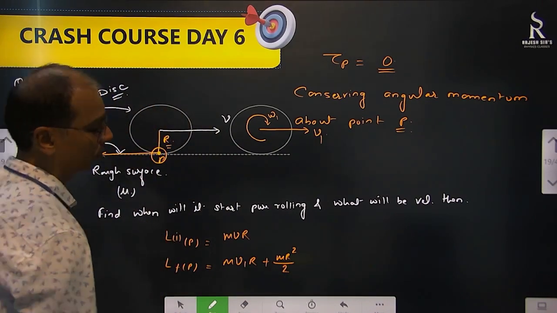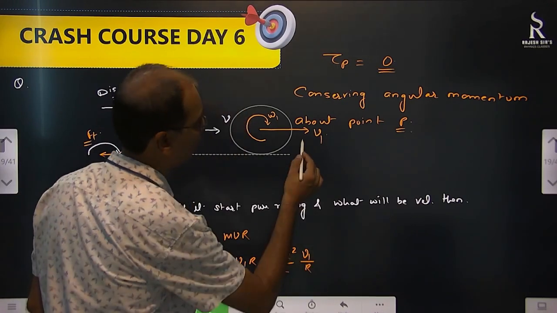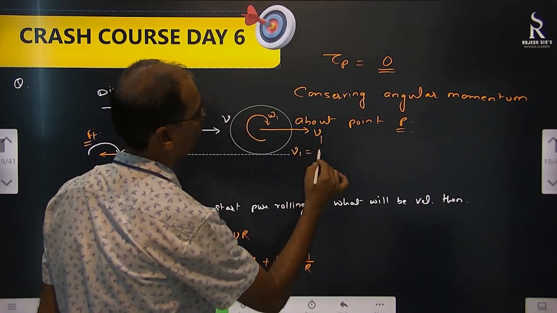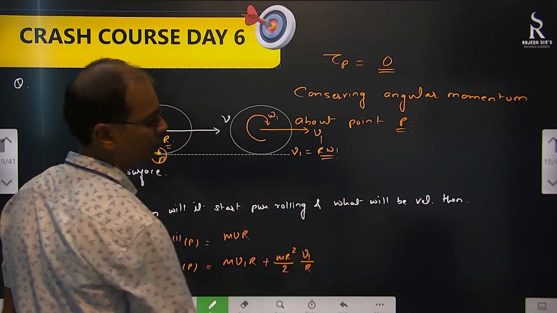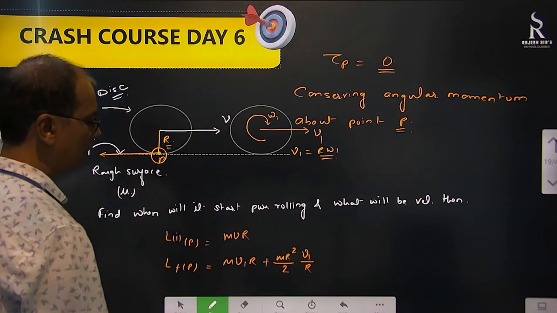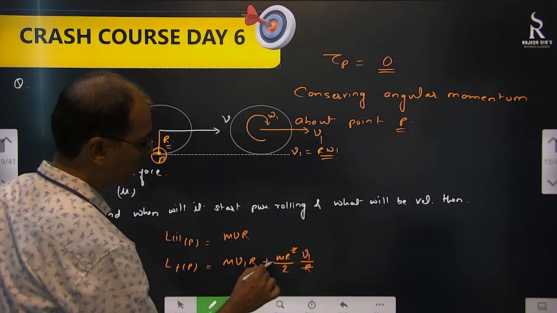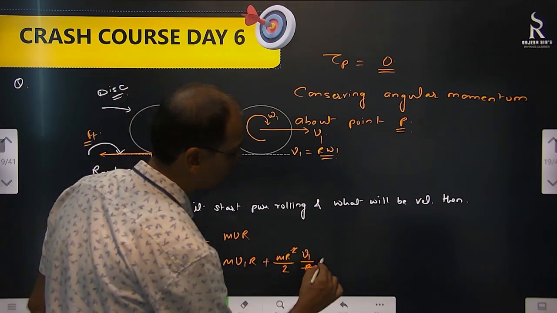What is omega? V1 by R, because it's in pure rolling here, so V1 equals R omega 1. So MV1R, this R and R get cancelled, so MV1R plus MV1R by 2. That means 3 by 2 MV1R.